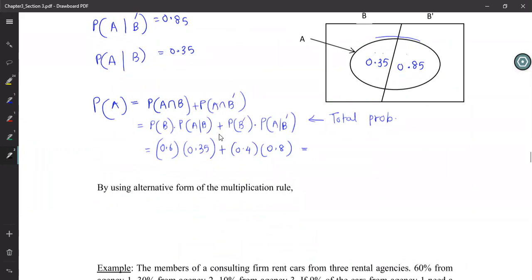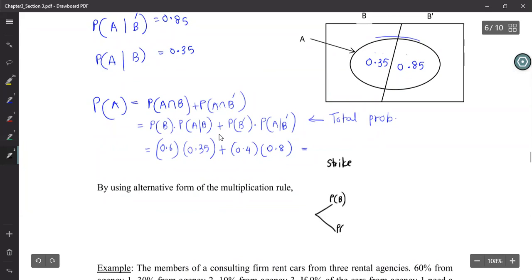I hope I have enough space. So first is there will be a strike. So we have P(B) and P(not B). That means strike or no strike. What is the strike? 60%. No strike, 1 minus 0.6, 0.4.